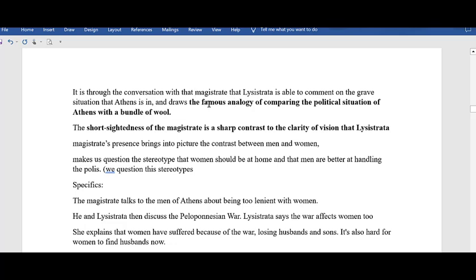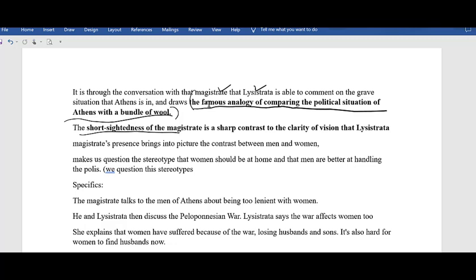It is through this conversation that Lysistrata and the magistrate have that Lysistrata is able to draw on the famous analogy of comparing the political situation of Athens with a bundle of wool. That is a very important analogy that Lysistrata draws in her dialogue with the magistrate.